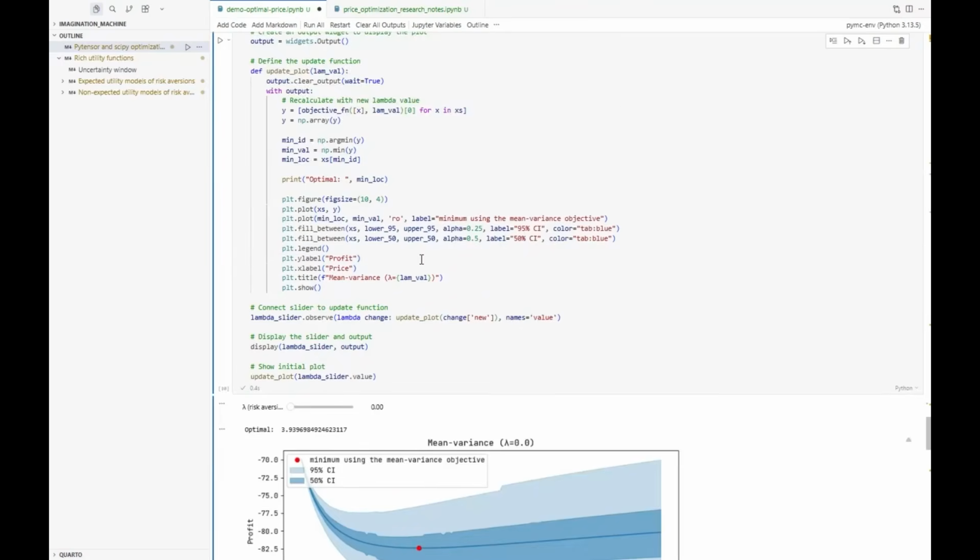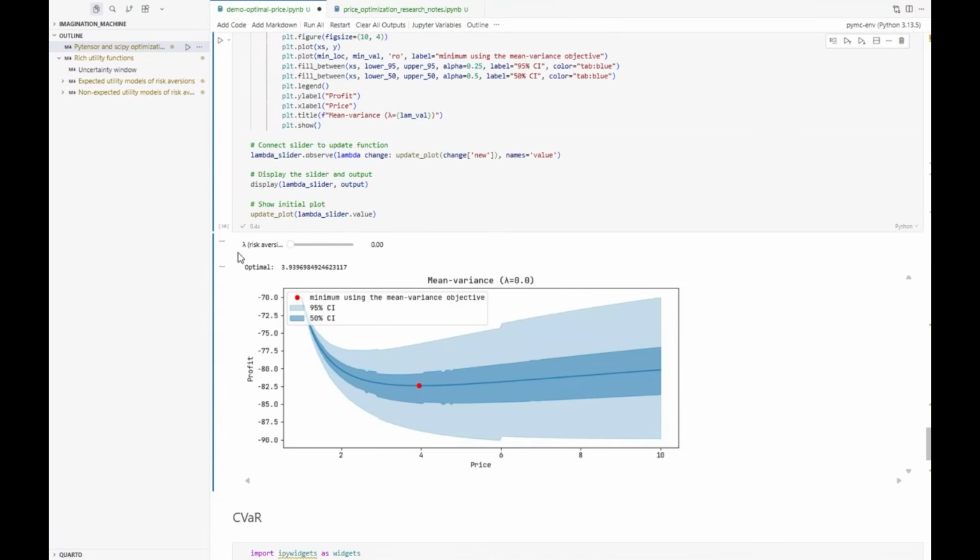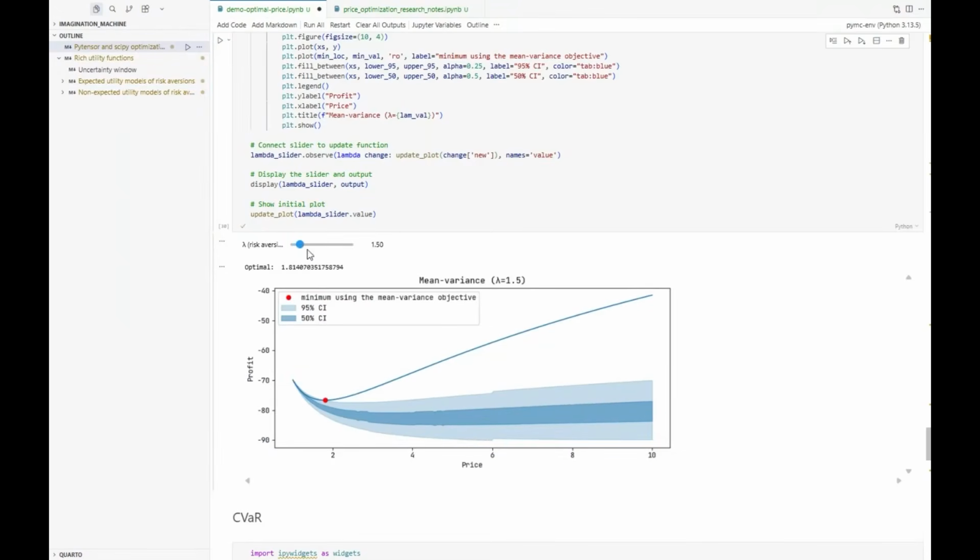So if you look at the graph that results from that, at zero risk aversion, you get the same price you got before, $4. But as you slide up your risk aversion, you very quickly realize that the recommended function stays very far away from any uncertainty in the posterior and penalizes all of that uncertainty and moves you towards very cheap products that have less uncertainty in their section of the posterior.